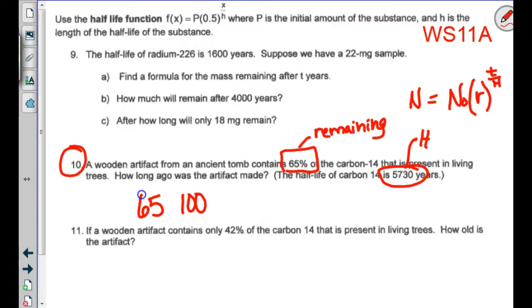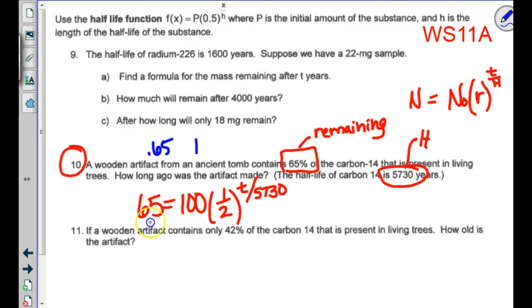So we'd say we're ending with 65. It's a half-life question, and T, we don't know, but H is 5730. Okay, we could have also started with, I started with 1 gram and now I'm down to 0.65, or I could have started with 1 n sub 0 and 0.65 n sub 0.